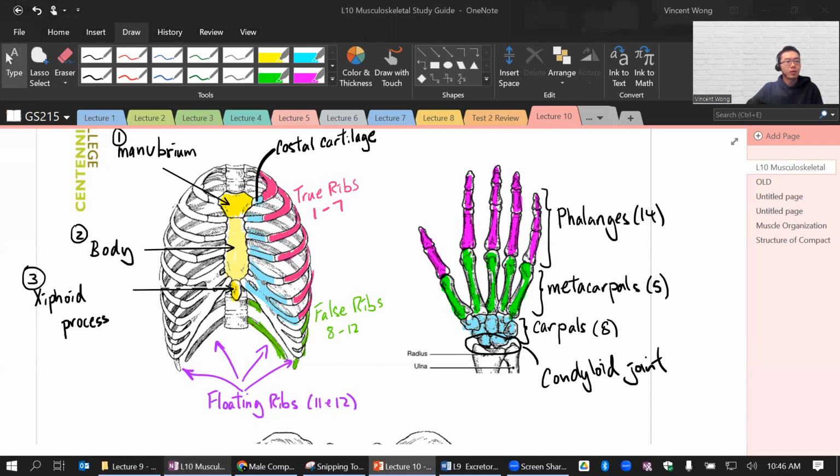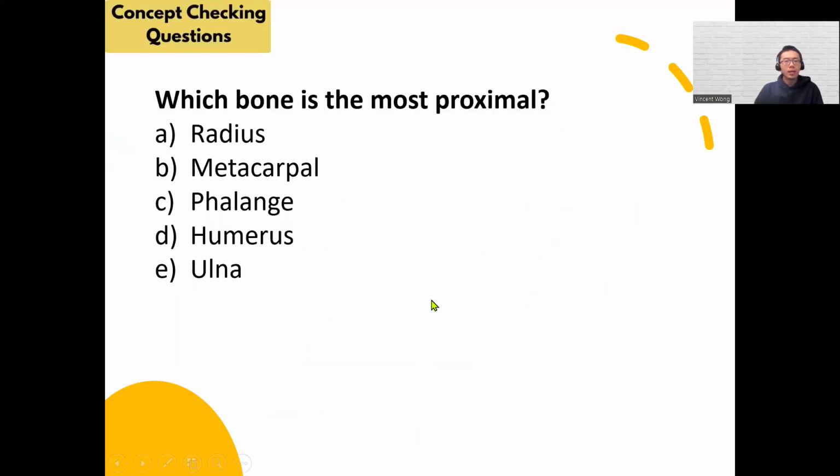We're just going to do a few poll questions here. Which bone is the most proximal? Proximal means closest to the joint, right?